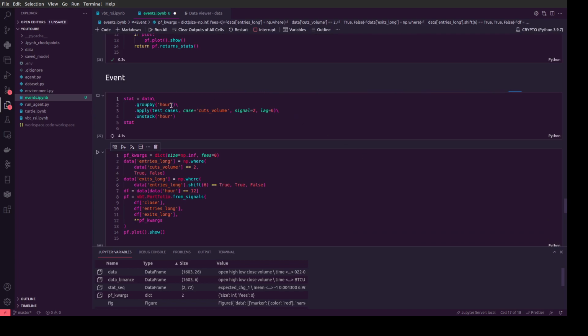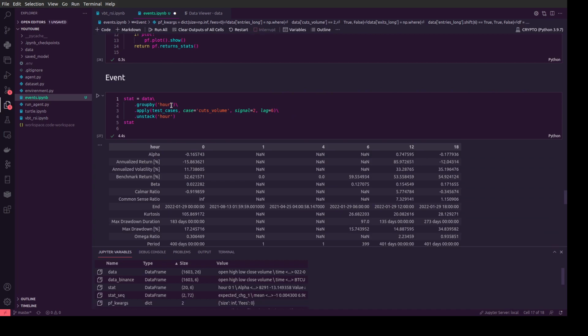And it is a very important situation when you have some strategy, you should analyze it by some other events. For example, I go through this data by hour, and I take the quantity of volume.